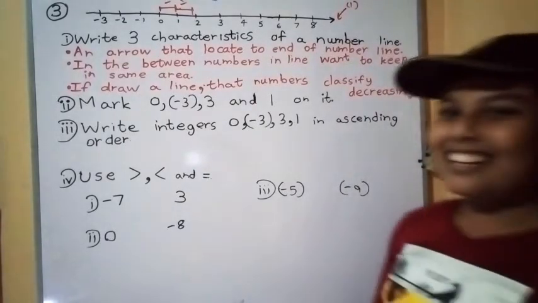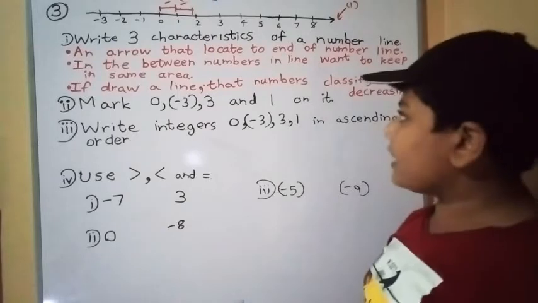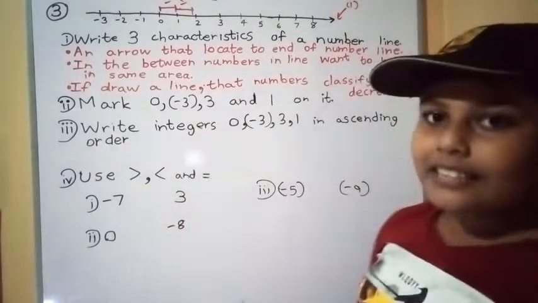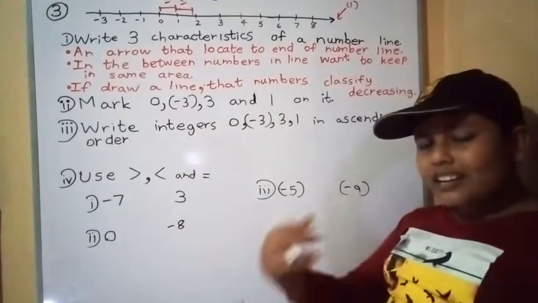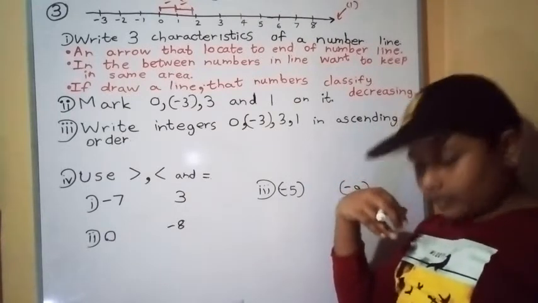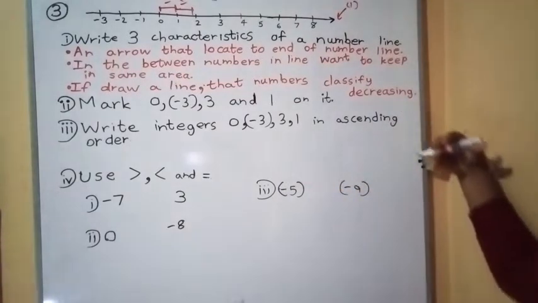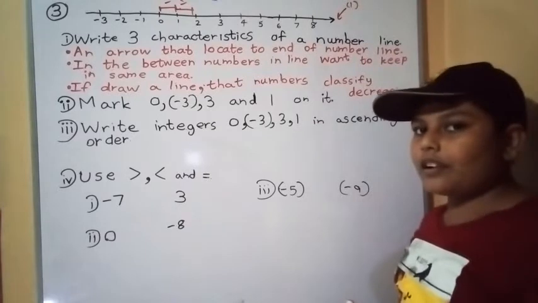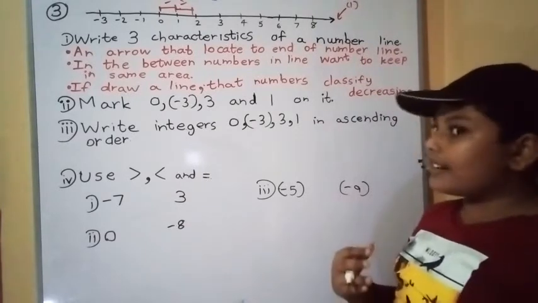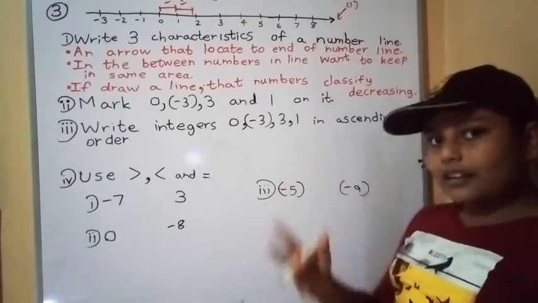Now, third one, if you draw a line, the numbers classify as decreasing. Decreasing means what? Decreasing means small to big, right?